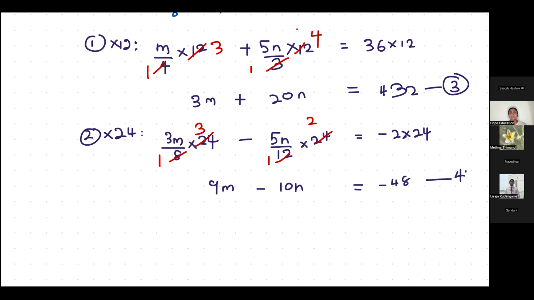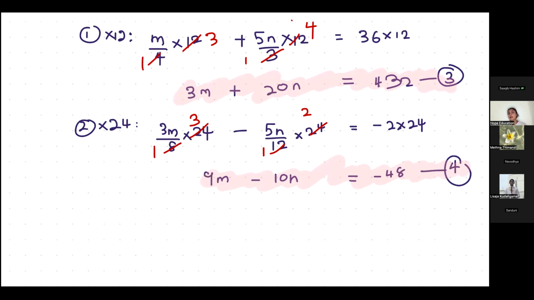This is my equation number 4. Then equation number 3 and 4, do we have any common elements here? Let me quickly check. No, we don't. So what do we do? I multiply equation number 4 by 2.